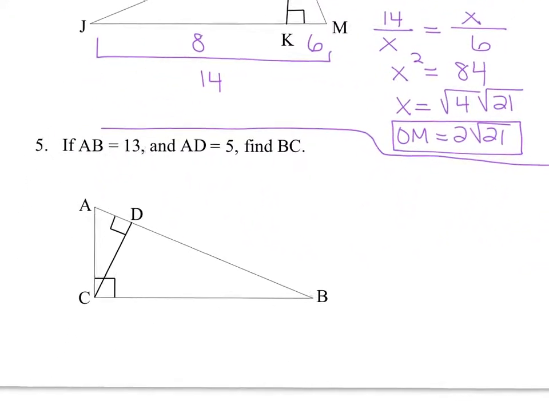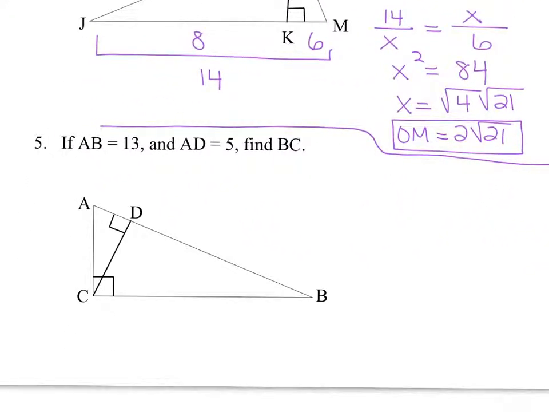And finally, our last problem. AB is 13, AD is 5, find BC. A lot of leg problems in here.